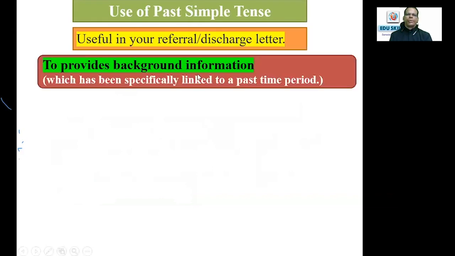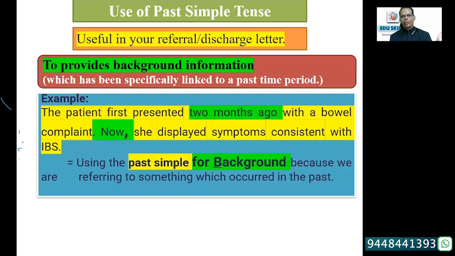Any situation. So use of past simple tense is useful in your referral and discharge letters to provide background information, ISBAR, background. When you construct sentences from the case notes given in the background, as per the ISBAR, you will be using past simple tense to provide background information which has been specifically linked to a past time period. It's not related to the present.